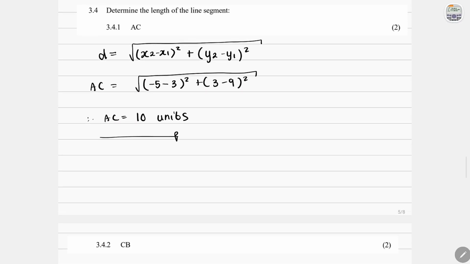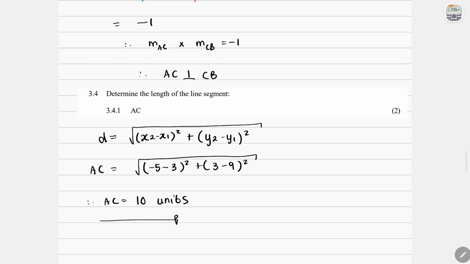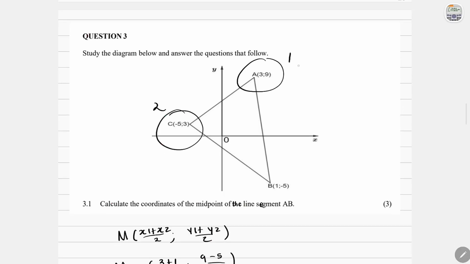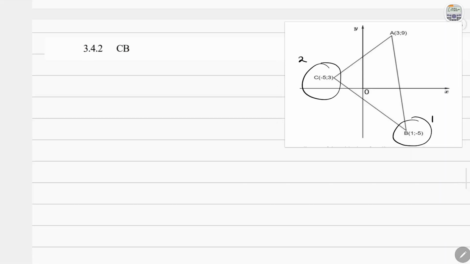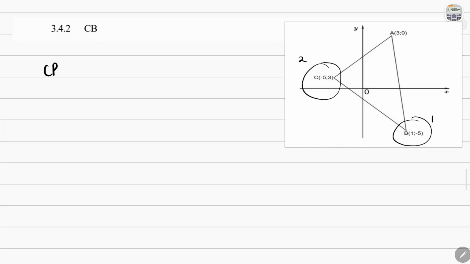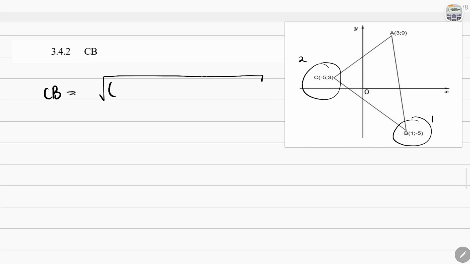Next question says we need to find the length of line CB. Since this is B, I'll just take that as point 1 and that as point 2. To find the length of CB, I'm not going to put down the distance formula because we already have it. So we'll just take x2 minus x1.